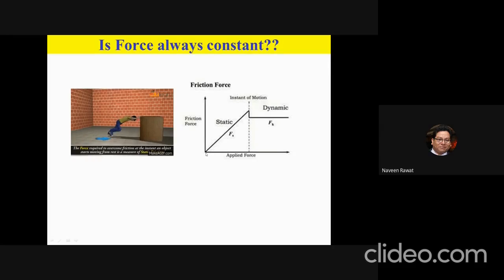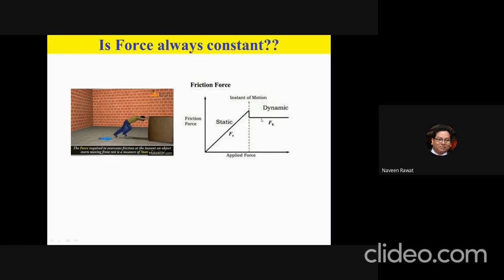Then slowly, if you start pushing the object, because of the frictional force, the object initially won't move. The more force you apply, the more frictional force develops to oppose the motion, and finally you will reach a point where the applied force is more than the frictional force, and then the motion will start happening.